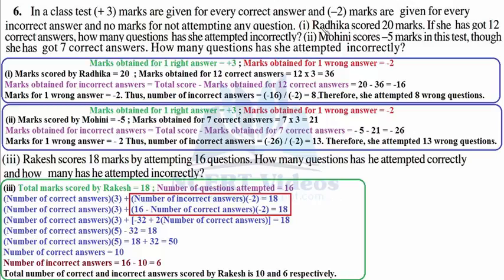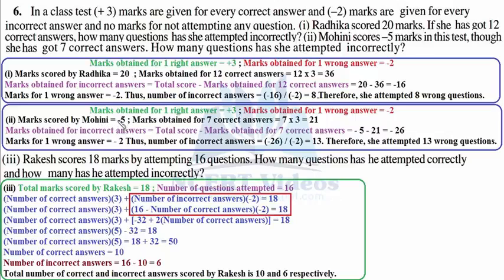Now, Mohini scores minus 5 marks in this test. Now, she has got 7 correct answers. How many questions she attempted incorrectly? Now here, the same thing, because the same test, they both are in the same class. The marks scored by Mohini is minus 5. It is given to us.